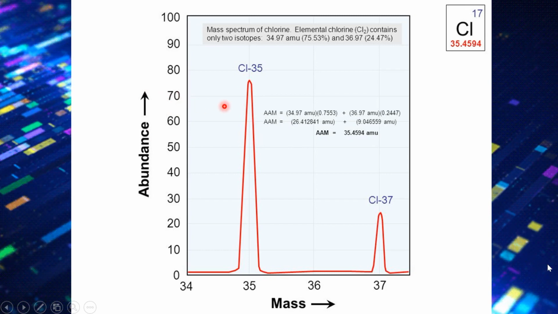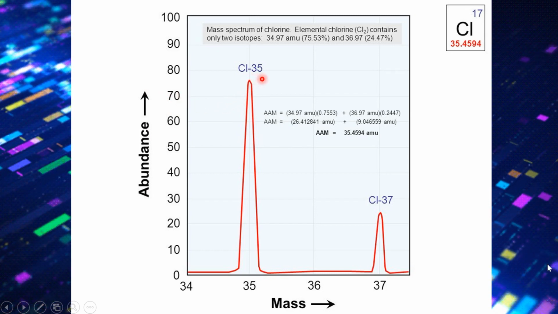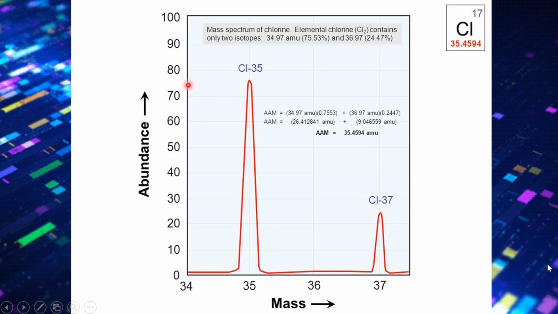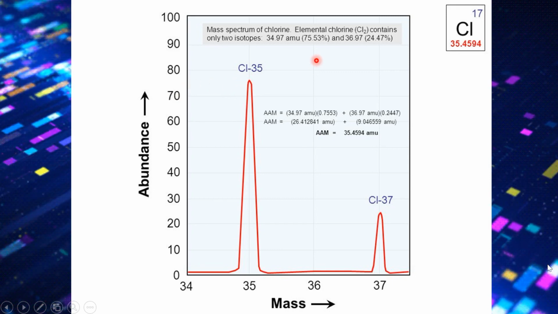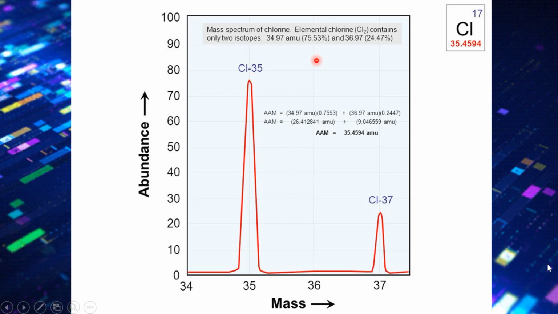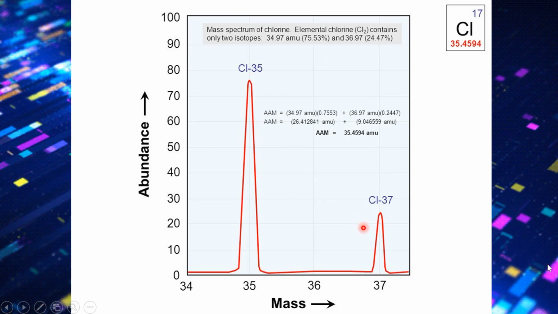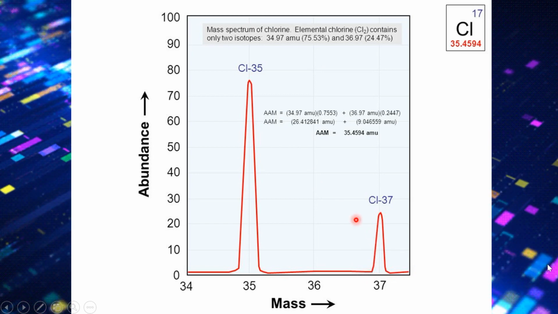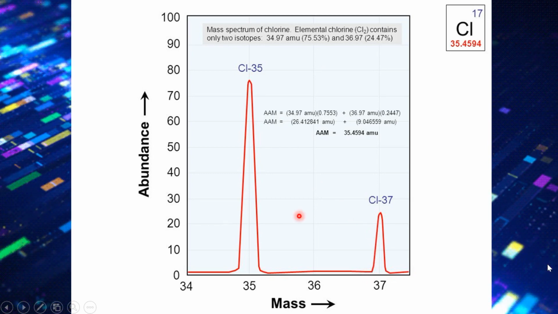Since chlorine 35 has the highest peak, it has the highest abundance, about 75.53%. As for chlorine 37, the percentage abundance is about 24.47%.